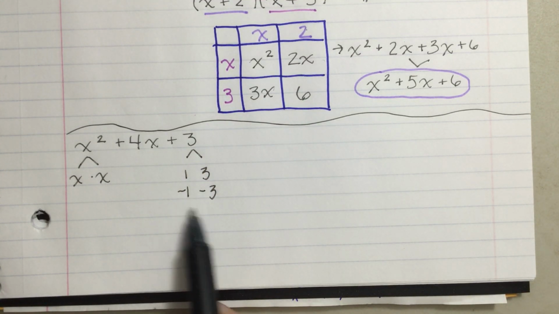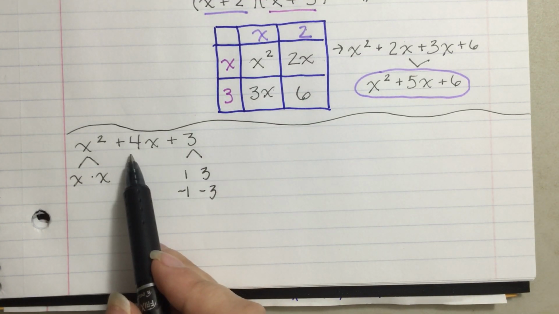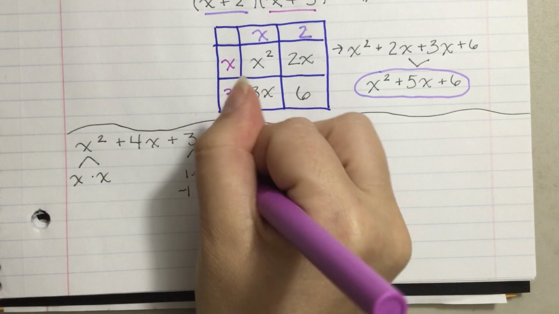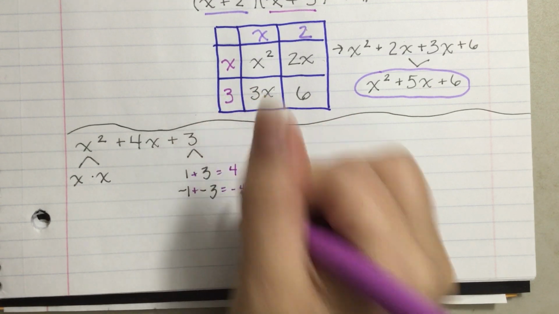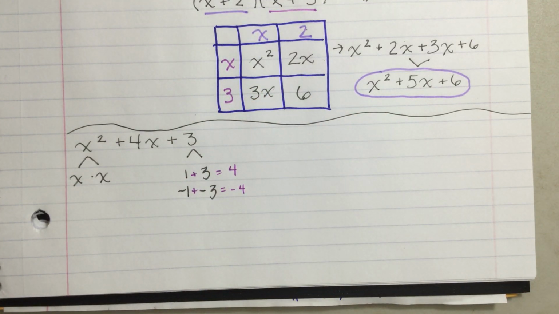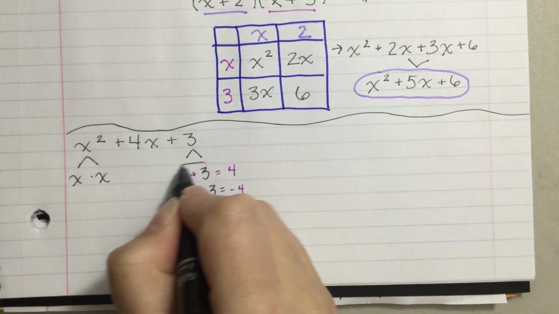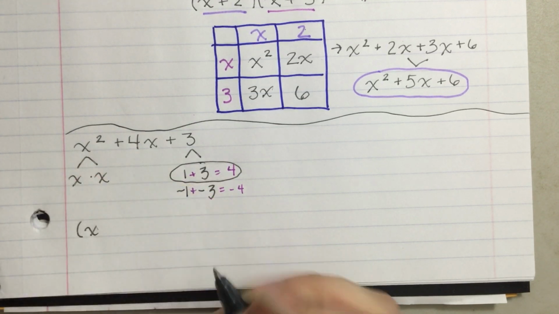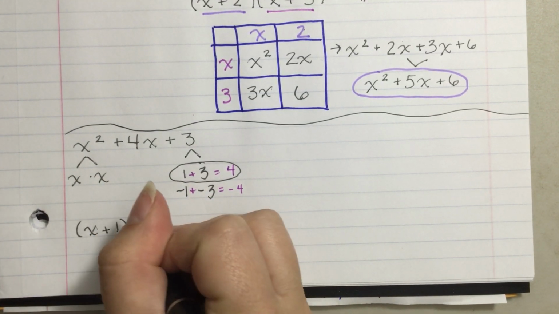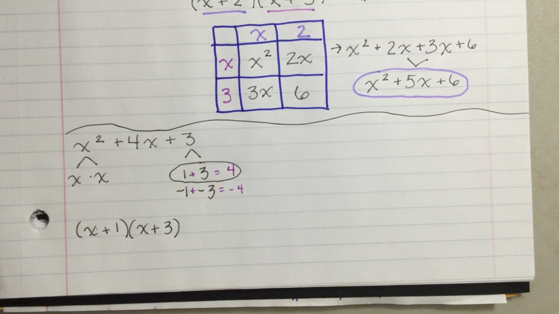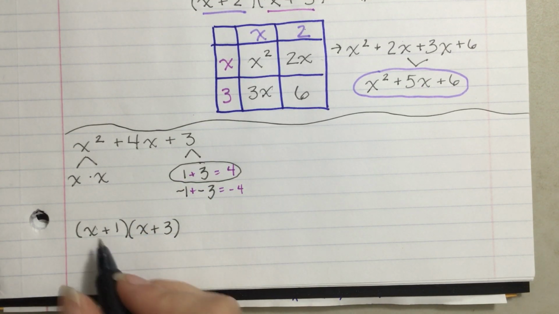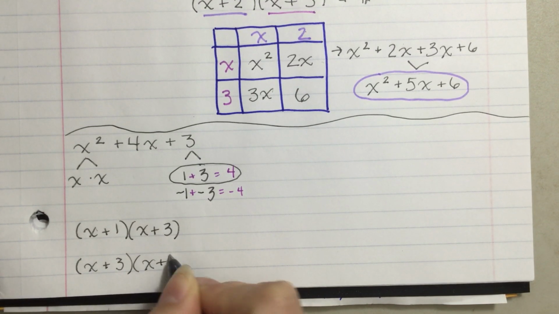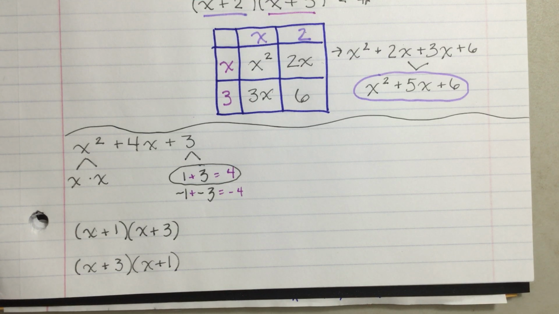Of those two, I want to find the one that has the sum of 4. So if I were to add these together, this one gets me +4, this one gets me -4. So I would use this group. And I would rewrite my answer as x plus 1 times x plus 3. You could switch the order of these, they would still be right, so you could also write x plus 3 times x plus 1, but they would both be correct.